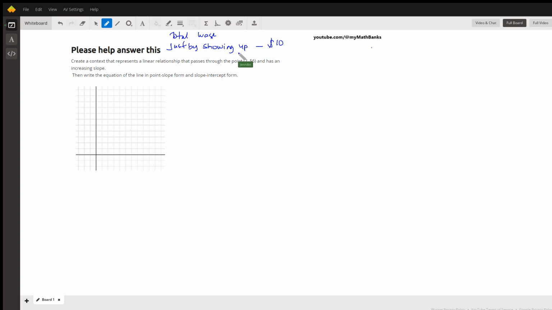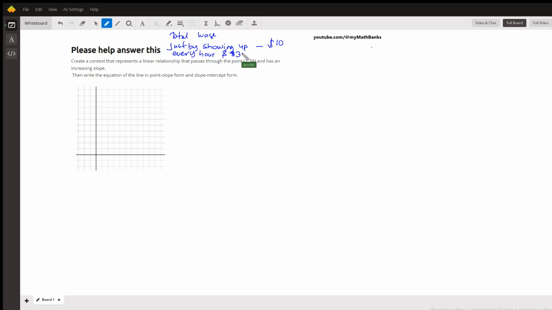But then also per hour, every hour you get paid. Well, if this is 56 and that's good for 2 hours, you subtract 10, that's 46, so that's 23. So per hour you get paid $23.